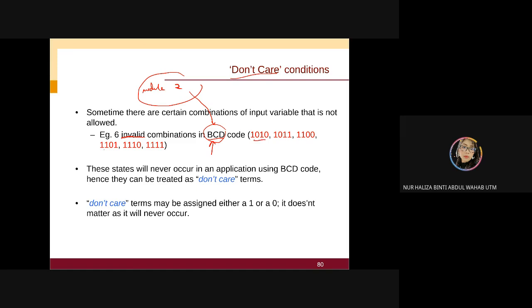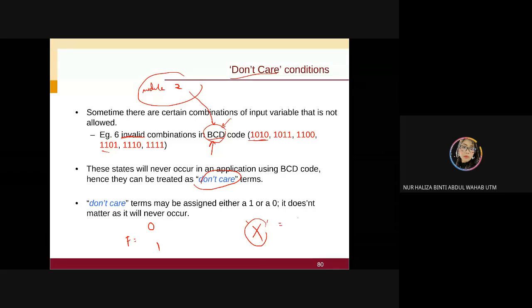So for all the invalid inputs here, your output will be don't care. And what is the don't care output? It's going to be X. Normally, your output, you're going to have either 0 or 1 for your digital, right? Because you're going to have 0 and 1 only. But for the input of invalid BCD, you're going to have don't care, which is X. What does don't care mean?